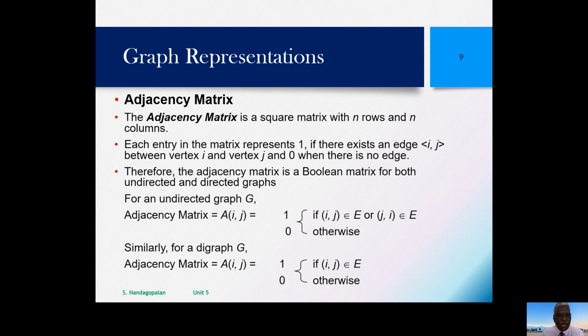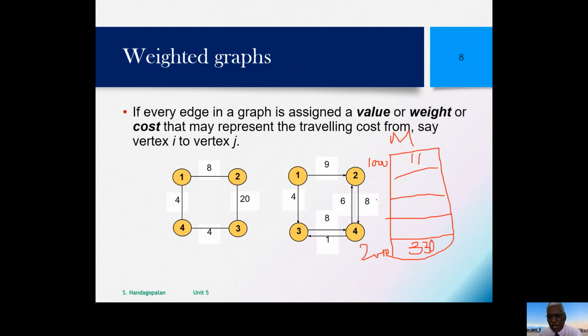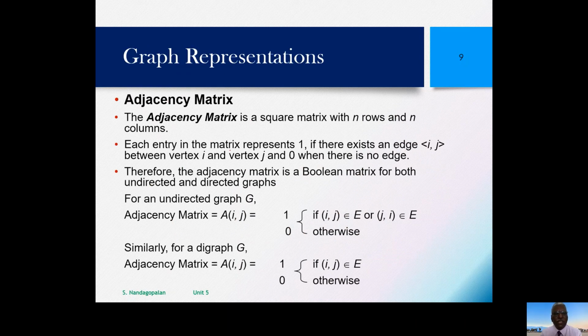So what is adjacency matrix? So we are going to map the graph. You see, this is a real world graph into an electronic form or the matrix form so that we can access this algorithmically or using program. So basically adjacency matrix is a square matrix with n rows and n columns.